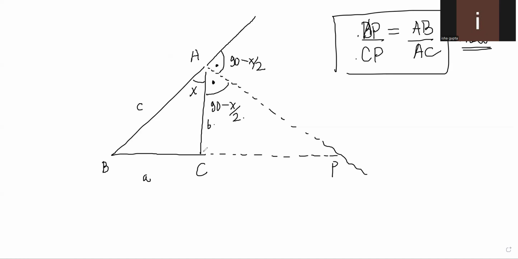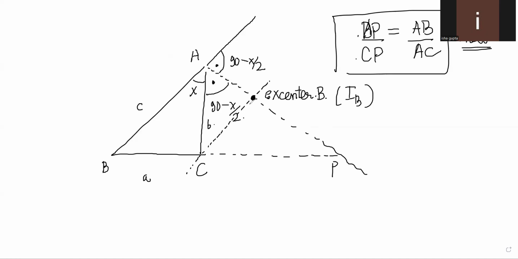Okay, let's draw the angle bisector from here also. So this point becomes my excenter, right? Excenter B, or you can call it IB if you want.